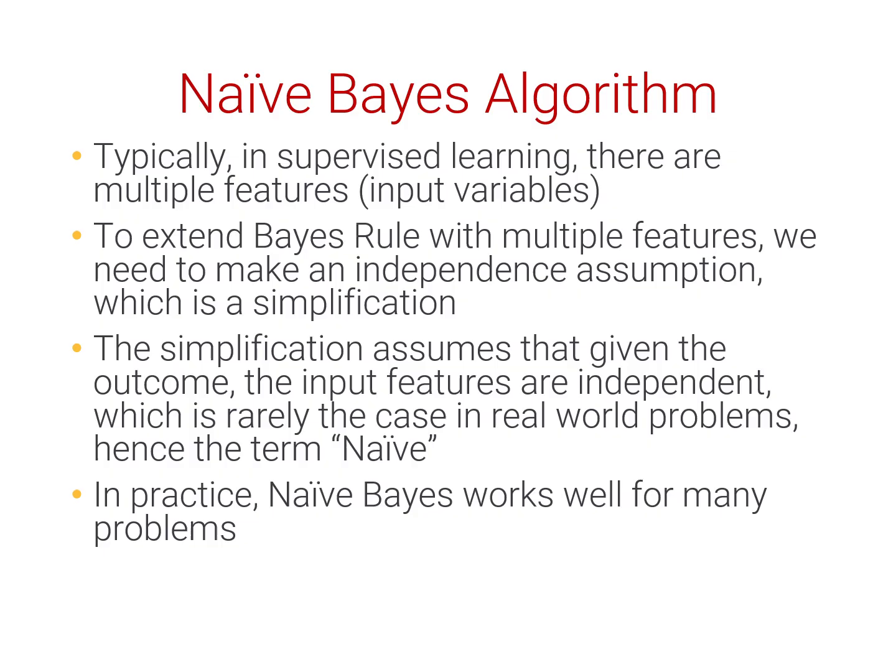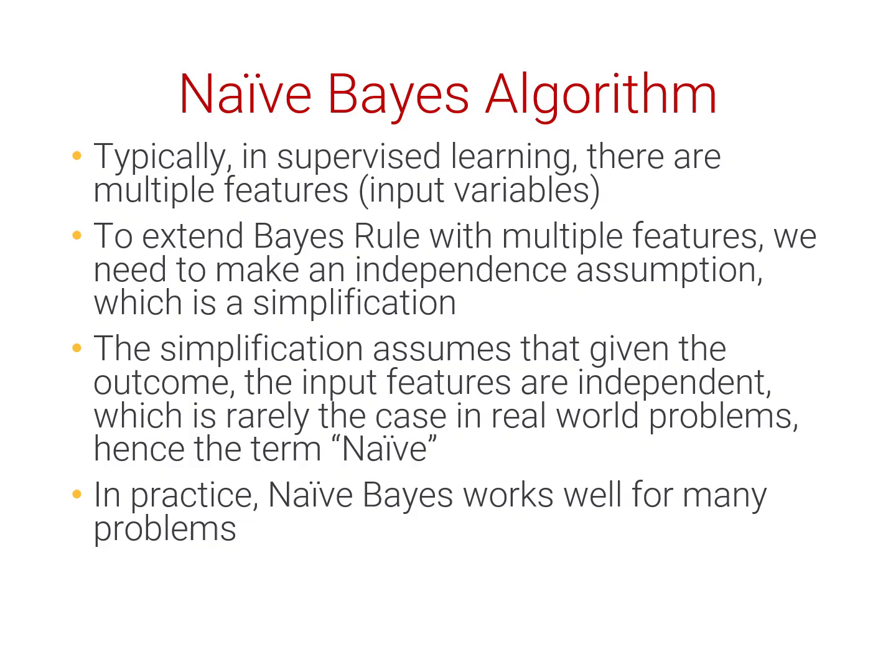Naive Bayes is an extension of Bayes' rule that allows us to handle multiple features by making a simplifying assumption. This assumption is known as the naive assumption, hence the name naive Bayes. The naive assumption in naive Bayes states that given the outcome or label, the input features are conditionally independent of each other.